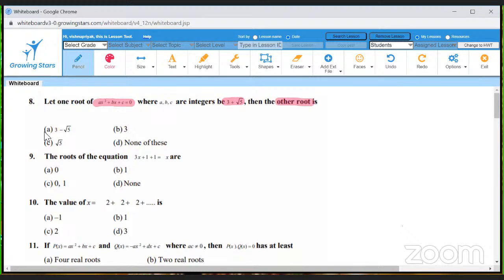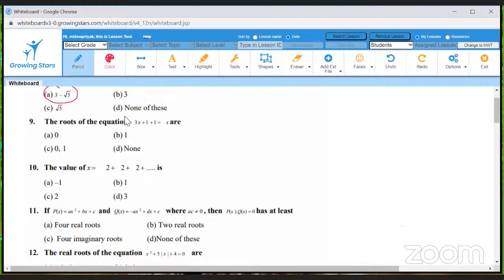Option A will be the correct answer. So remember this. If one root is irrational, then the other root also will be irrational and it will be the conjugate. Okay. So some are tricky questions like this.